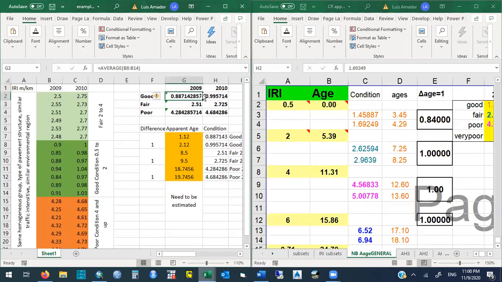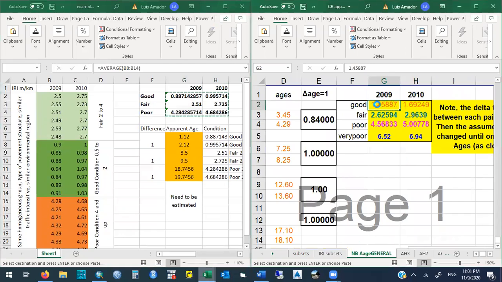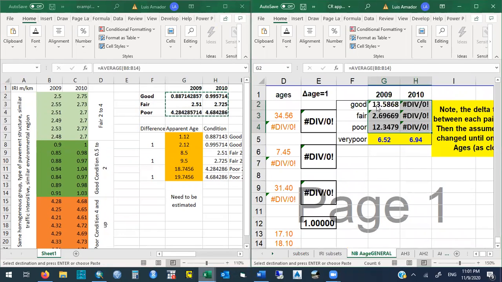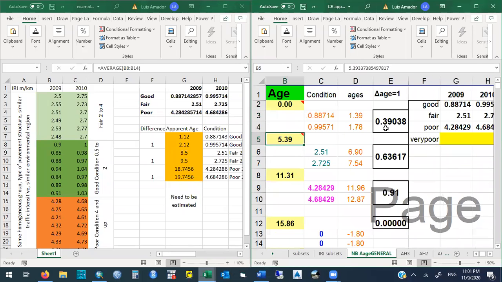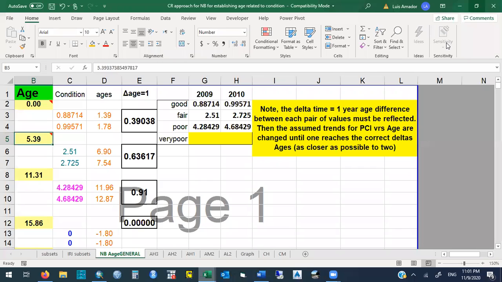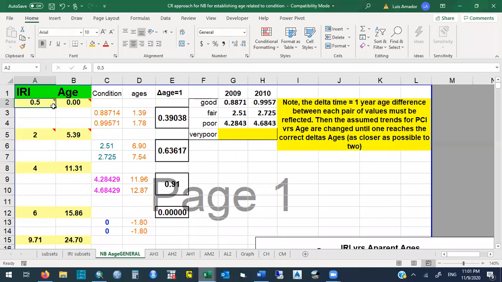And we have these values: good, fair, poor. So I have this pair of values. And I don't have values for very poor. This is the age, and this is the RI.